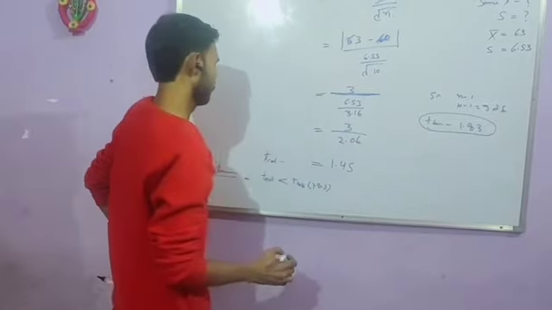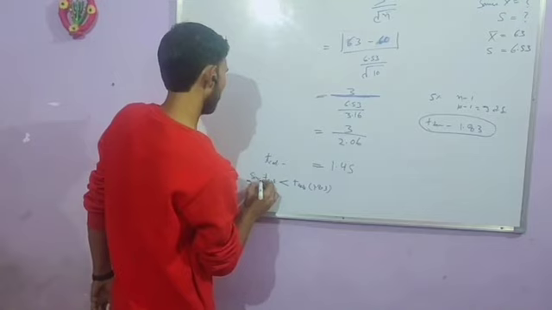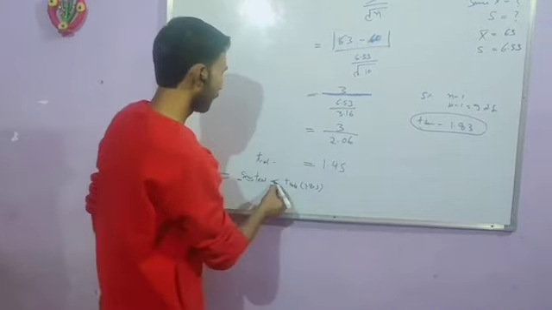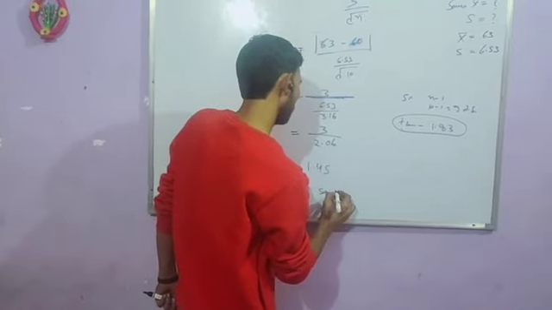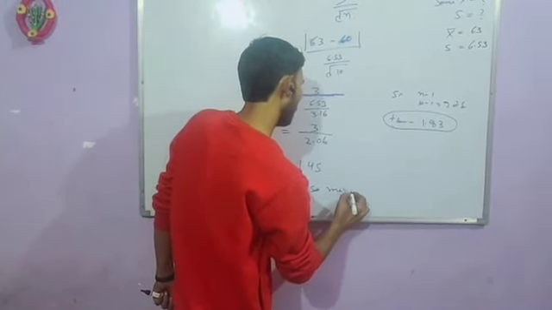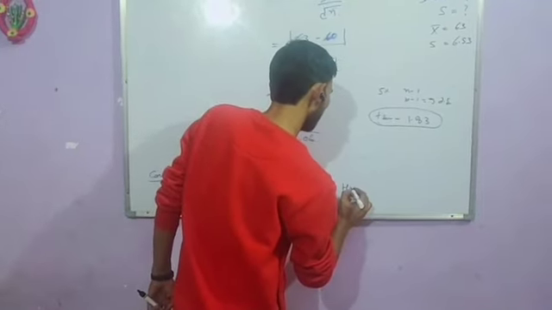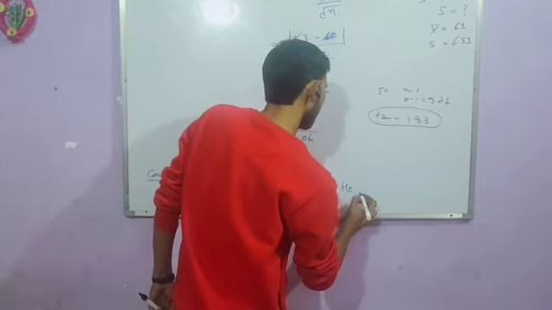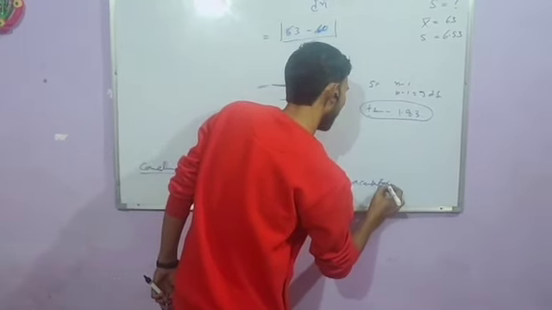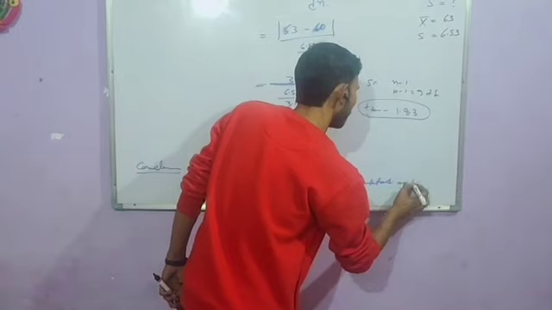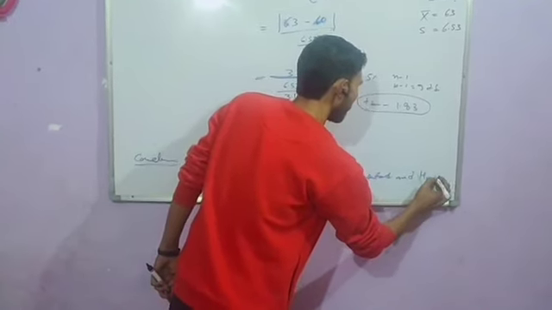So since T calculated value is less than T tabulated value, the null hypothesis is accepted and H1, the alternative hypothesis, is rejected.